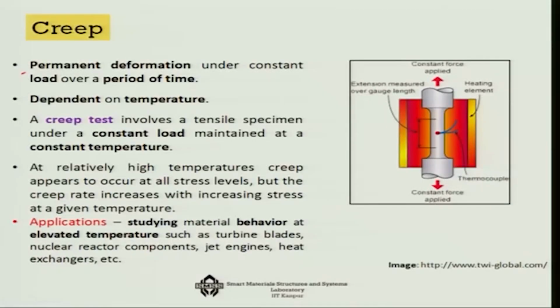So, why is this happening? This happens because under a continuous load, every material starts to get a permanent deformation over a period of time, which is known as creep.